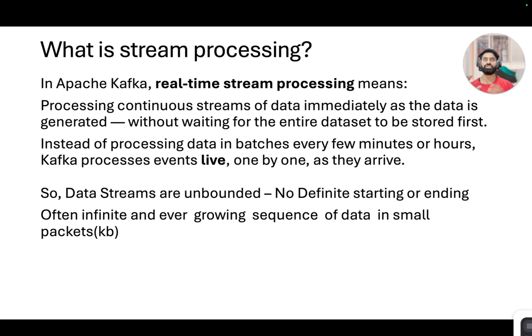So here we are not storing the data. Basically, as the data comes in, we stream the data, we process the data. That is real-time stream processing. Instead of processing data in batches, maybe every few minutes or hours, Kafka processes it live, one event at a time as they arrive, right?